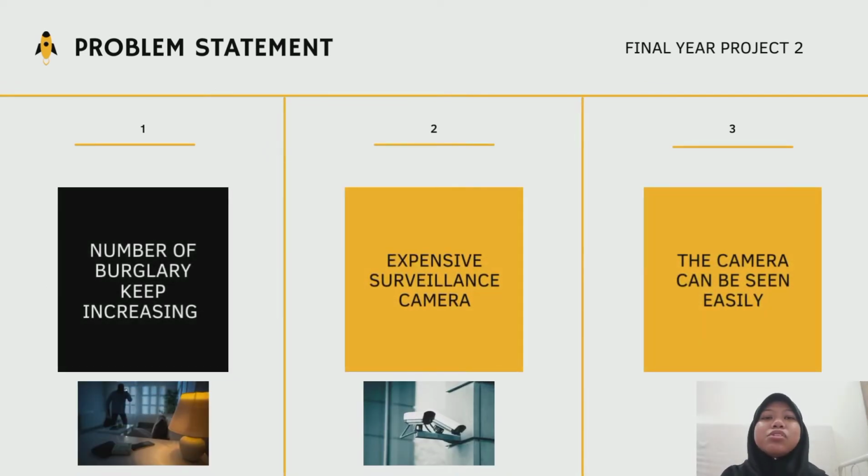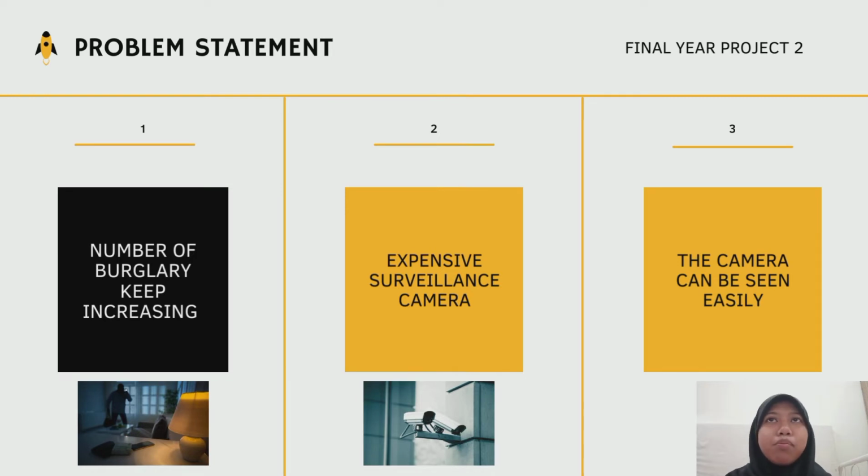In this slide, I will talk about the problem statement, which is why we built the Intelligent Side View for Detect Human. The first problem is that the number of burglaries keeps increasing. As you know, crimes such as robbing and thieving keep increasing in Malaysia. The second problem is the expensive surveillance camera.